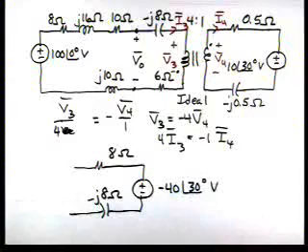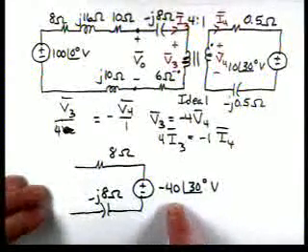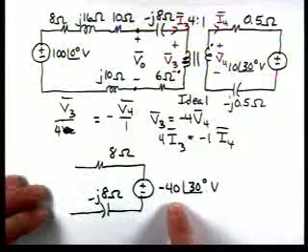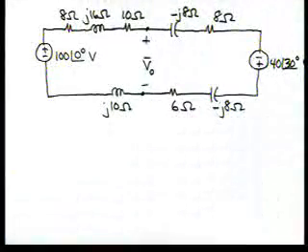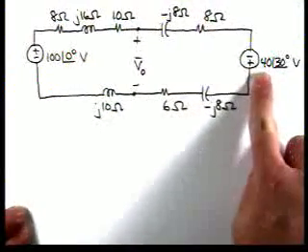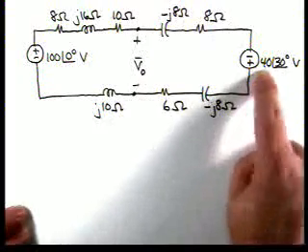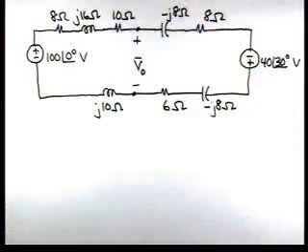I'm going to change the polarity and change it to plus on this source. So now when we reflect all that, here's what we have. Notice I took my voltage source and changed the polarity because it was minus 40. Now we can analyze this circuit.